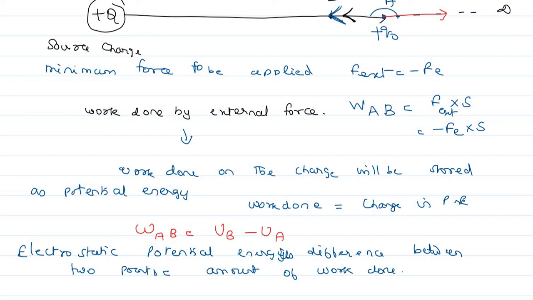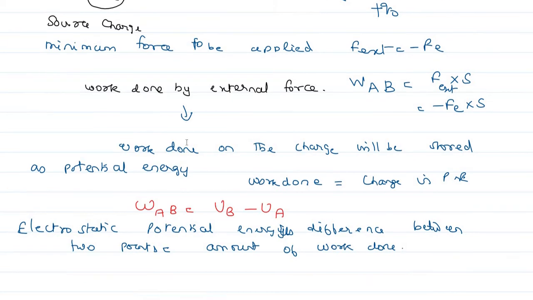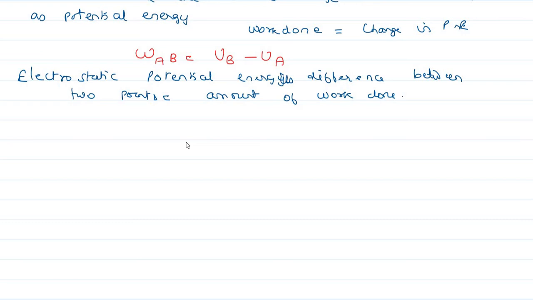So how can you write it properly? If you want to write it properly, then it is nothing but the amount of work done in bringing a charge. How much charge are you bringing? Q0, right? I will write that. So, what can I write?